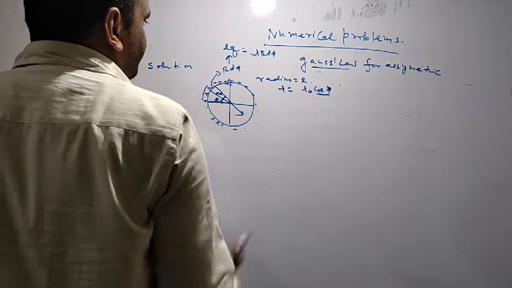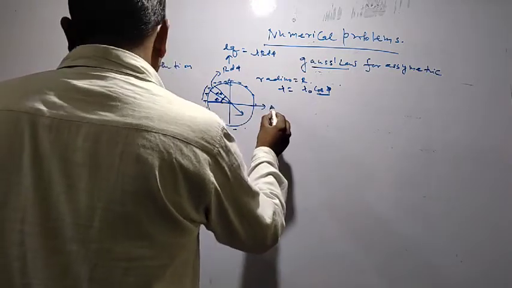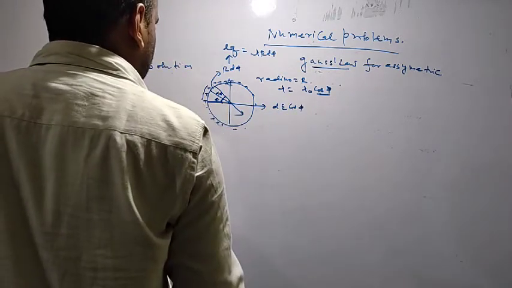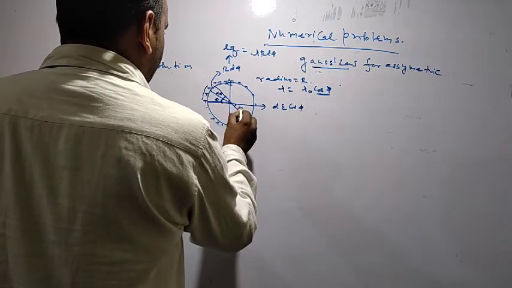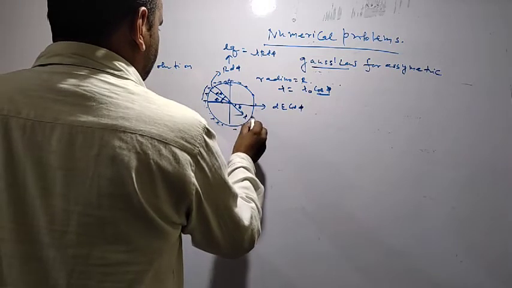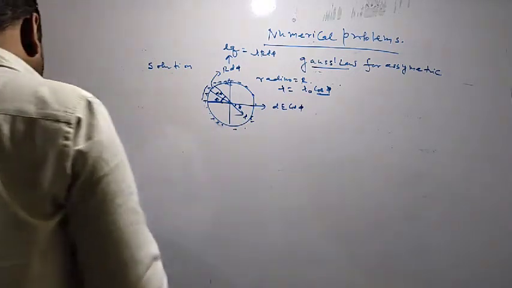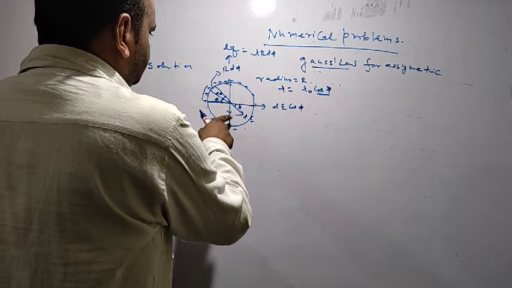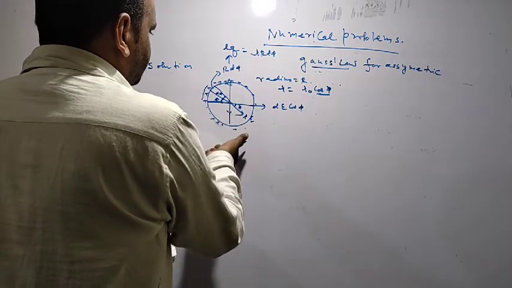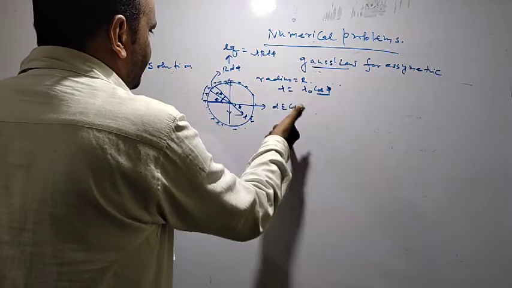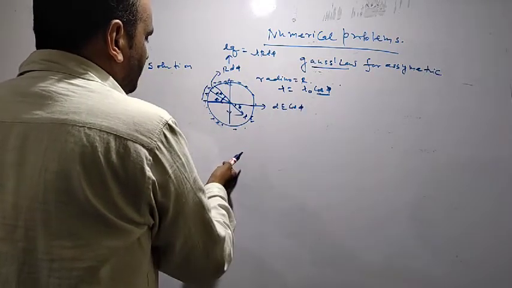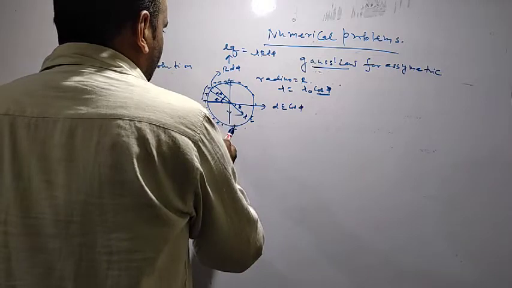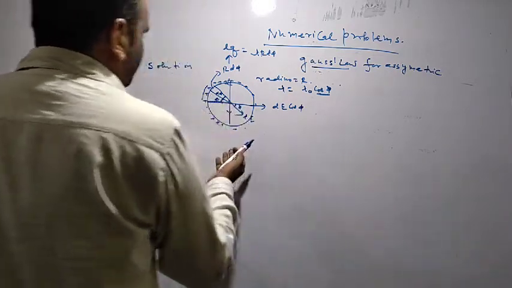By symmetry, the resultant electric field will be along this axis, that is dE cos phi, because this angle is phi. I am not interested in the perpendicular direction, since the dE sin phi components integrate to zero and vanish.